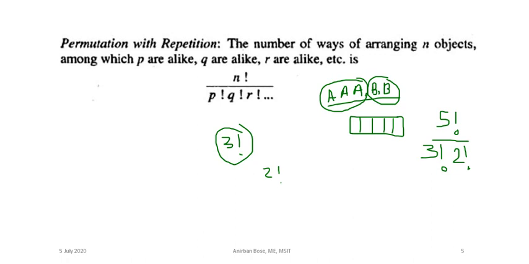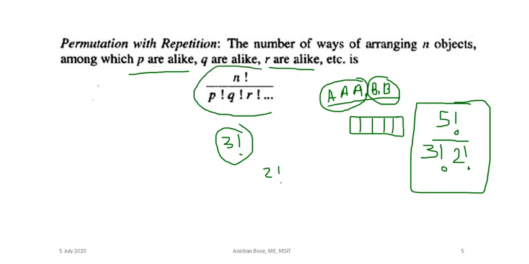So in this case the answer will be this one: this many ways we can make 5-letter words out of these letters. So what is the meaning of this formula? If there are n objects, p of them alike of one kind, q alike of another kind, r alike of another kind, then the number of ways will be this.